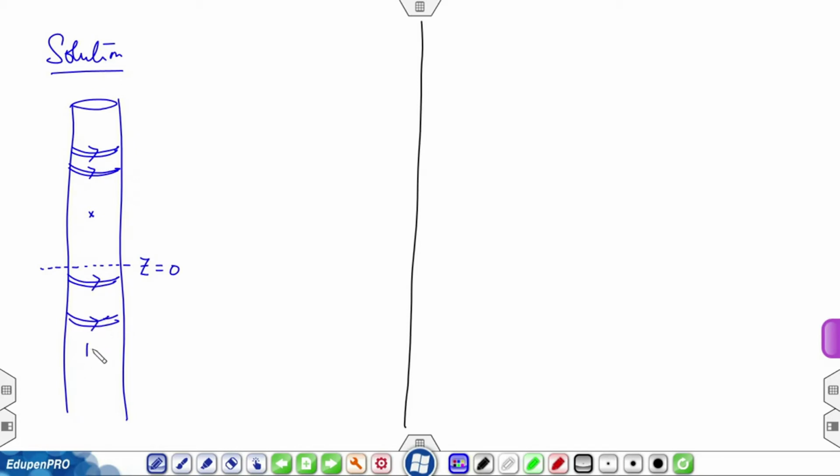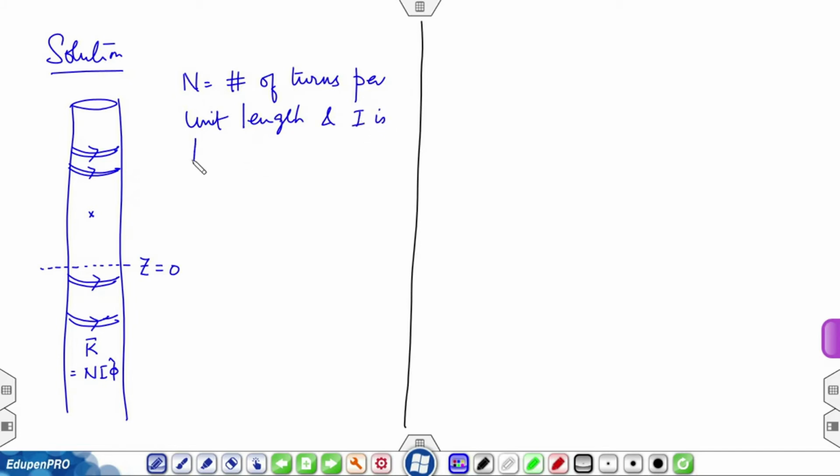The surface current K is given as N I in the phi direction, where N is the number of turns per unit length, and I is the current in the wire used to make the solenoid.